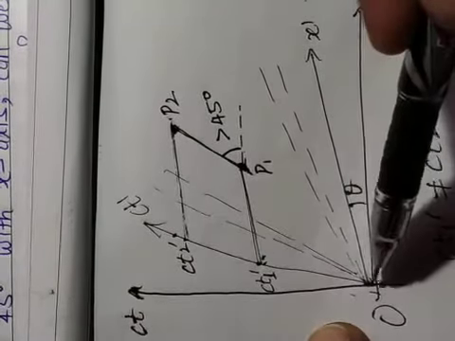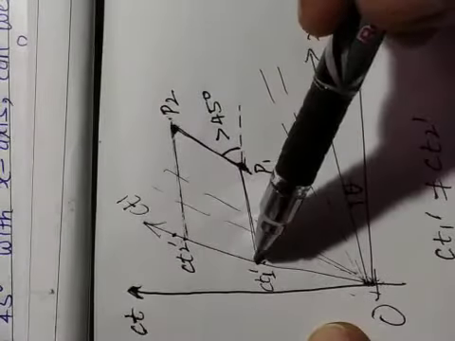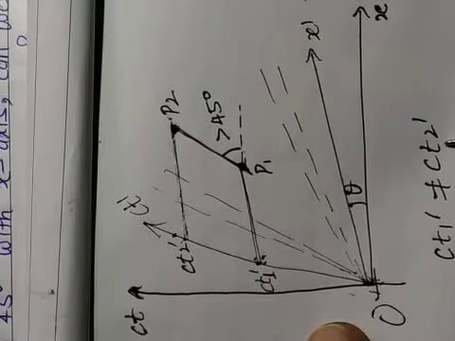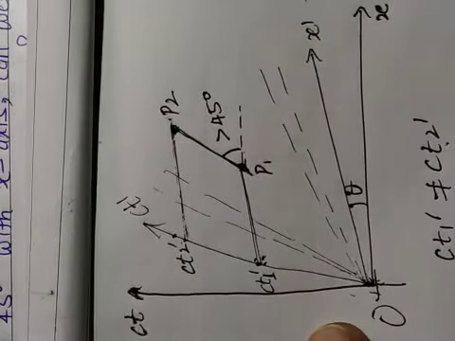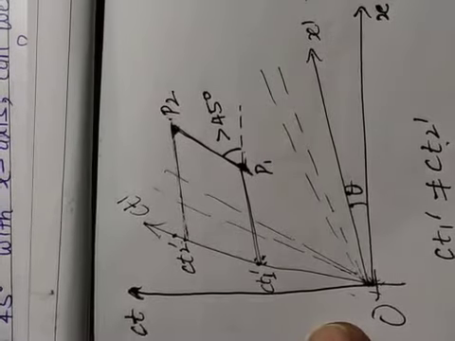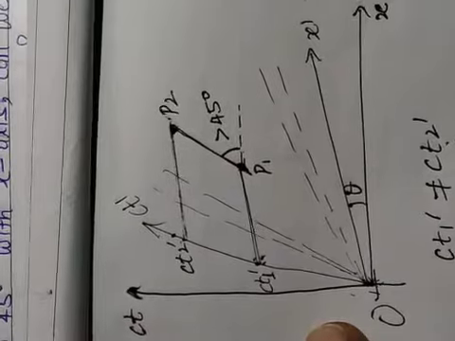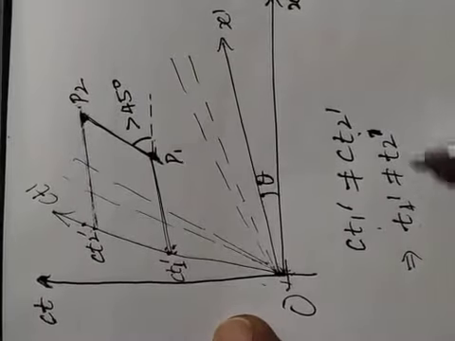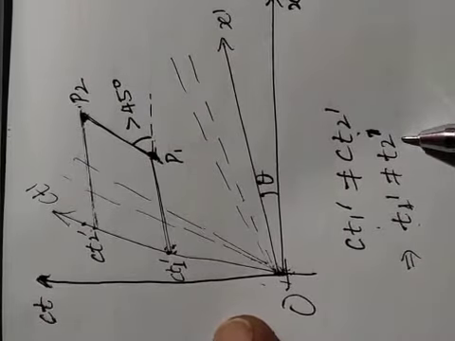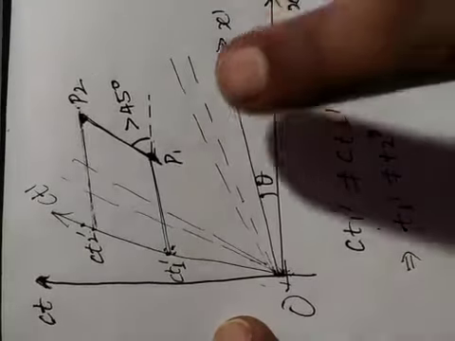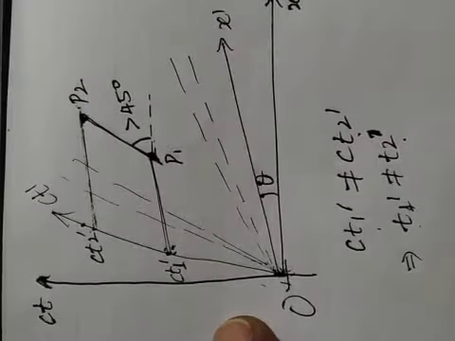Finally, you know that OQ2 does not equal OQ1, so CT1 prime does not equal CT2 prime, and T1 prime does not equal T2 prime. That means there is no frame in S prime in which these two events are simultaneous to each other.